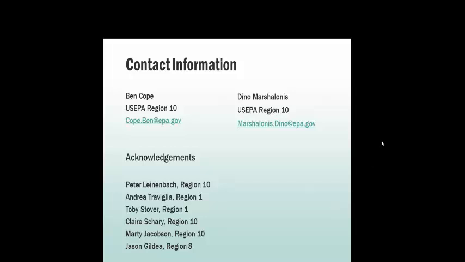A couple of QAPP questions, since we have some time. Are there example QAPPs out there, or where could I find an example QAPP if I'm putting together a model for my agency?